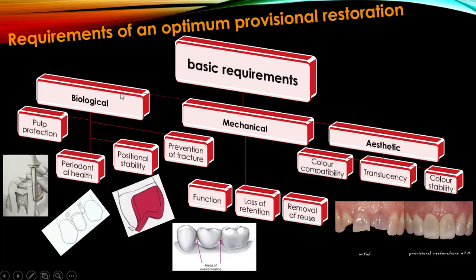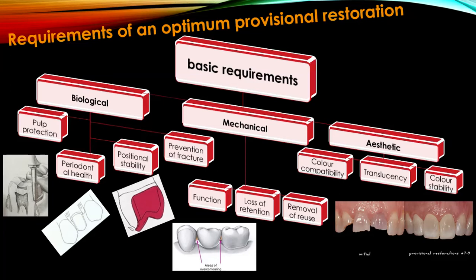These words you may have taken, students, in principles of tooth preparation: mechanical, biological and aesthetic. You have to have all these three requirements in your final and in the provisional or interim restoration.